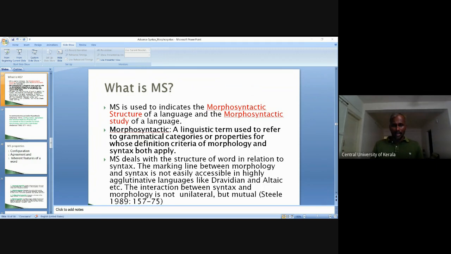So these are the three properties of a language which are fundamentally morphosyntactical, not completely morphological and not completely syntactical. Configuration, agreement, and inherent features of words are the three properties of words which are morphosyntactical.